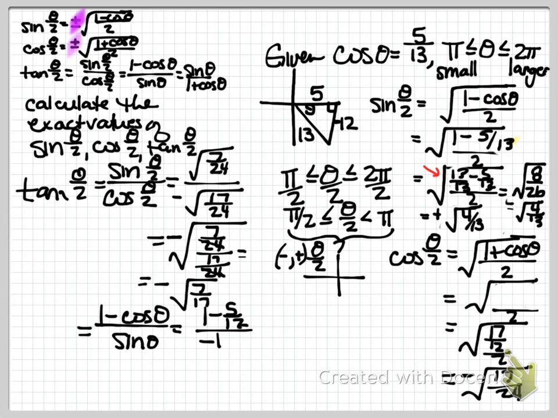I'm going to change that to be 13 over 13 minus the 5 over 13. Or excuse me, it should be plus. That's going to make it then 18 over the 26, and that reduces to be 9 over 13.